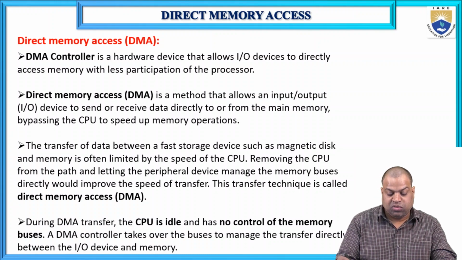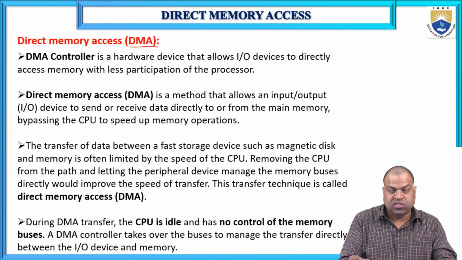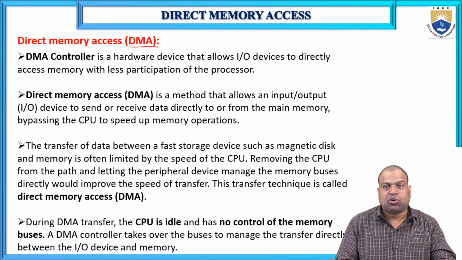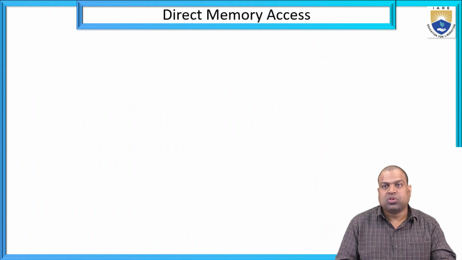So, first of all, we are going for direct memory access. What is the DMA and how is it helpful to the CPU or computer? DMA is a controller and it is a hardware device that allows input-output devices to directly access memory with less participation of the processor.